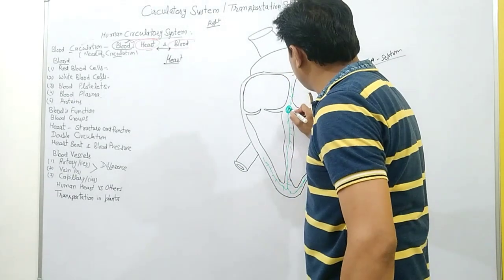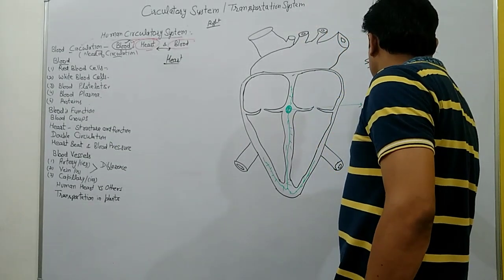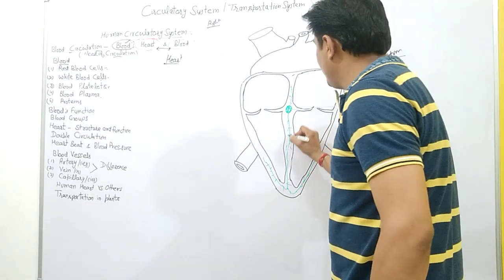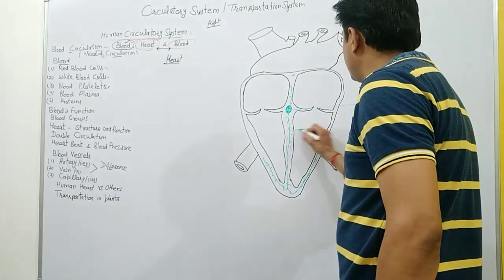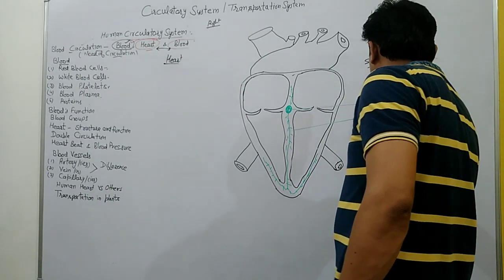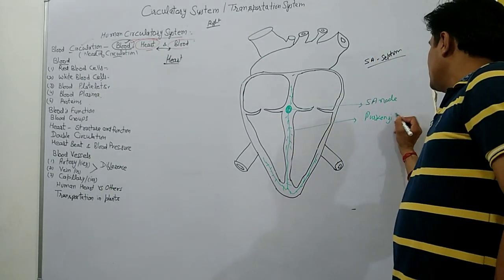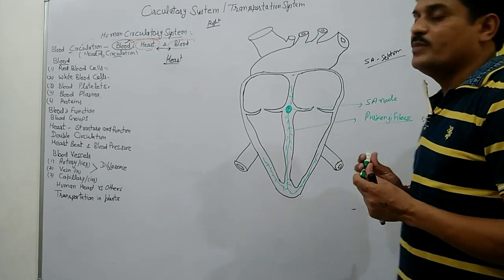Draw this way entirely. It is called a node, and the very fine branches which run through the muscular wall of the heart are known as Purkinje fibers. So this is the structure of the human heart.